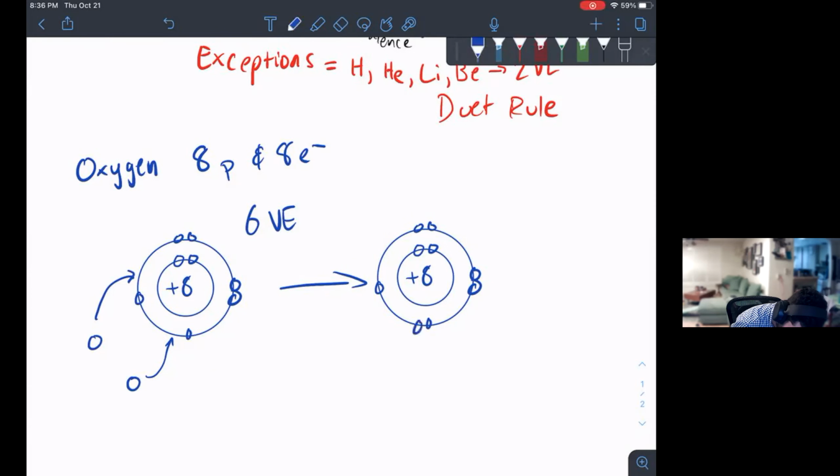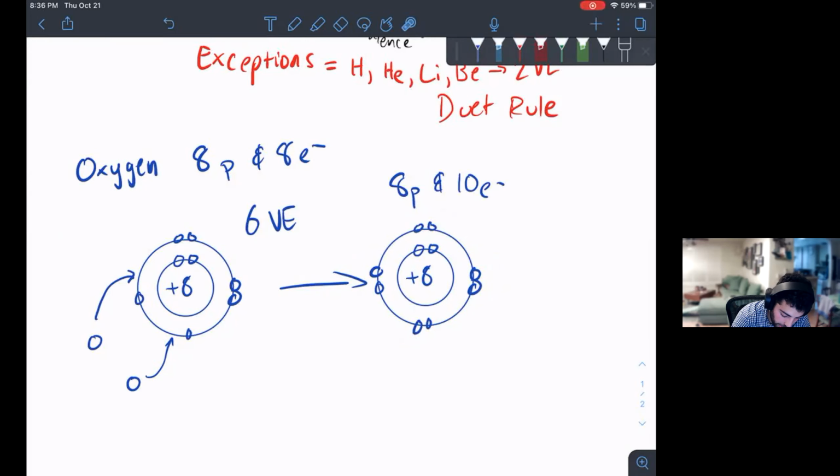What we'll end up with is this oxygen with 8 protons and 10 electrons. However, now it has 2, 4, 6, 8 electrons filling the octet rule.